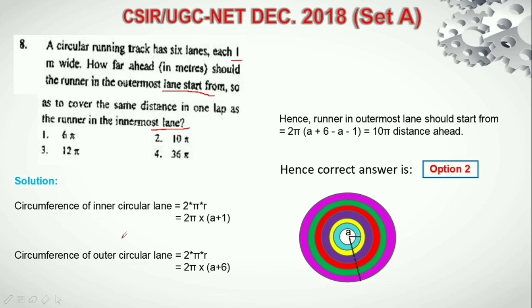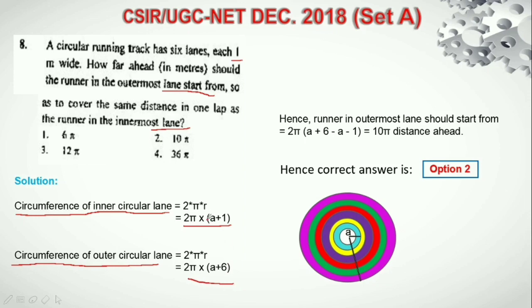And to calculate the distance, we calculate the circumference of the innermost, that is the first lane, and the circumference of the outermost, that is the 6th lane. We know the formula for the circumference of a circle is 2 pi r. So it will be 2 pi times A plus 1, while the circumference of the outer circle is 2 pi times A plus 6.